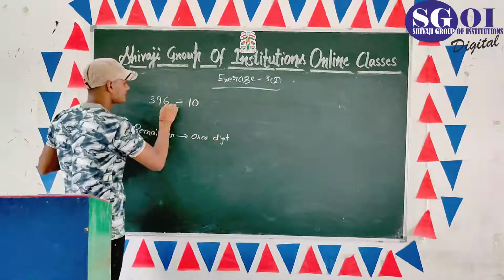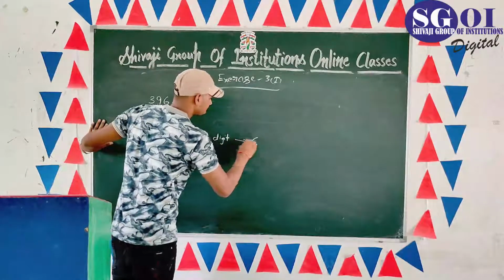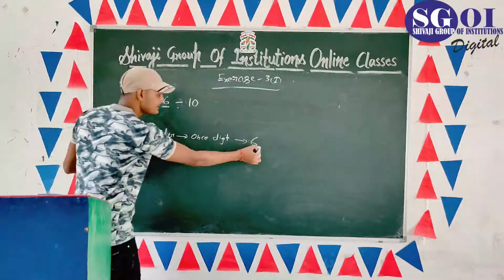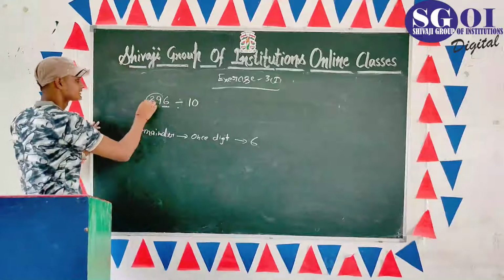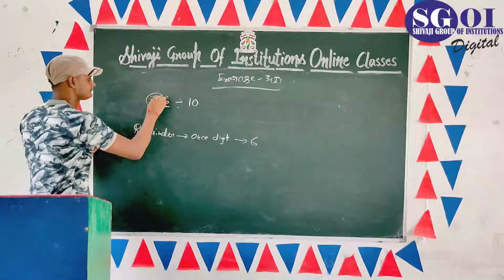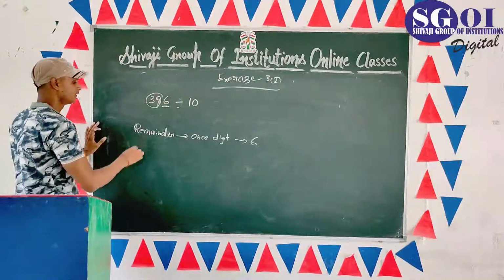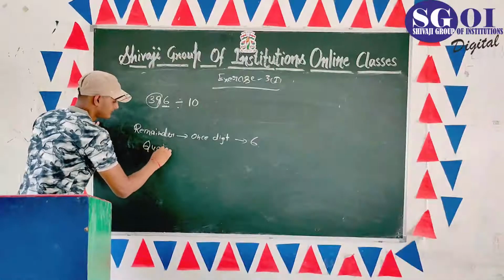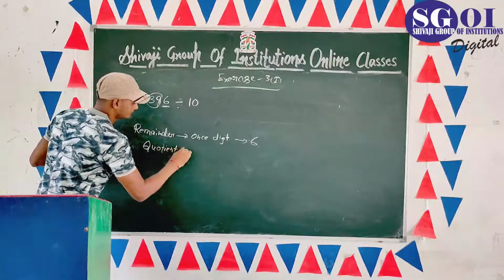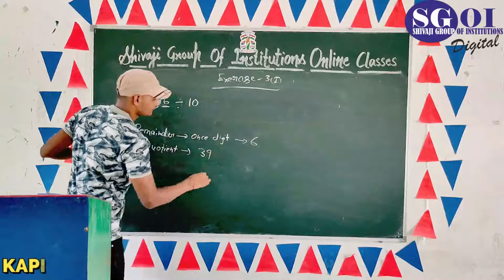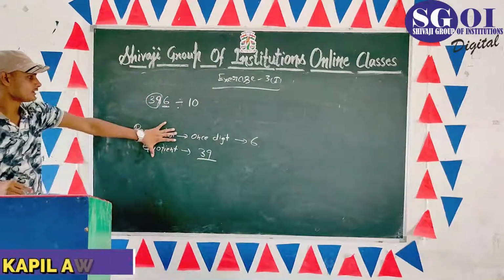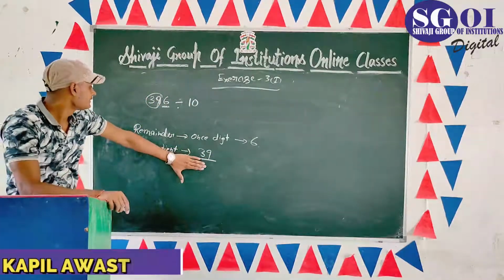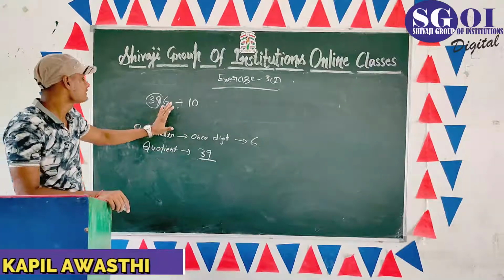One's digit means 6. So the remainder is 6 and the left numbers are the quotient. Okay, students. So the quotient is 39 and the remainder is 6.